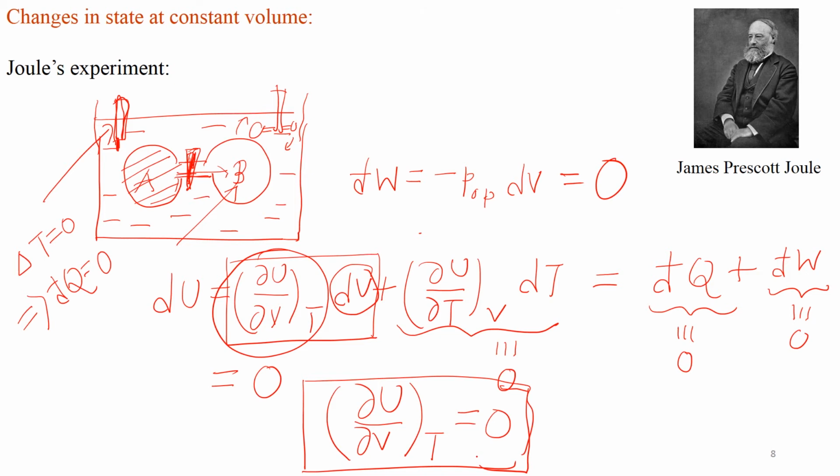Now, before we switch to other topics, let us briefly discuss why (del U del V)_T is 0 for an ideal gas. Let us have an analogy with our particle in a box model, which we learned in quantum mechanics. You know that as the length of the box changes, the energy levels also change. So, from that perspective, (del U del V)_T should be non-zero because it should depend on volume.